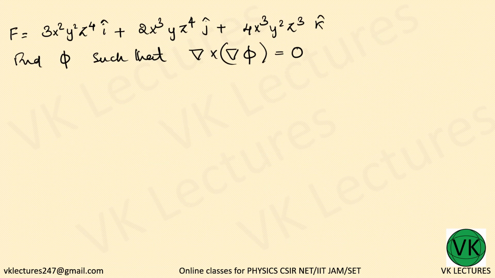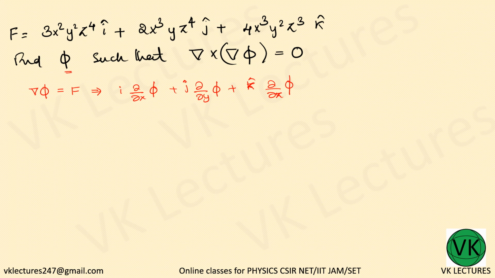Now, F is equal to 3x square y square z power 4 i cap, and we need to find phi. So del phi can be written as F. What is del phi? That's equal to i cap dou by dou x of phi plus j cap dou by dou y of phi plus k cap dou by dou z of phi.